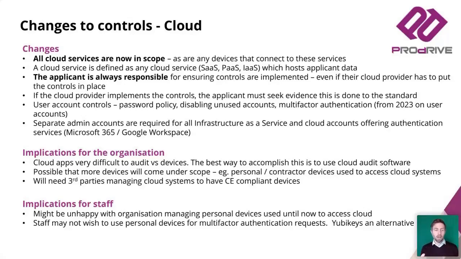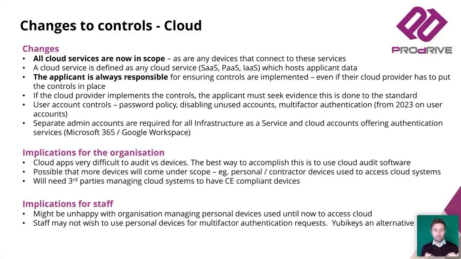Unfortunately, now they are in scope, so any device that is used to access the cloud service containing organizational data is within scope. So if, for instance, you're using Office 365, you've got it locked down to be accessible via a web browser only, and all the data is enclosed in that. If someone accesses that data from a non-business device or a non-company device, that device is still in scope.